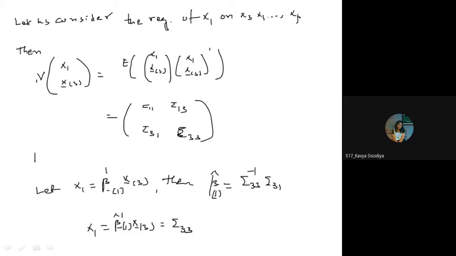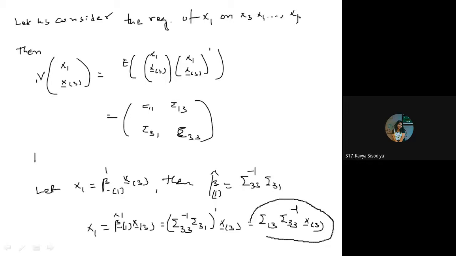So I can write the transpose of sigma 33 inverse sigma 31 times x3. Taking the transpose, sigma 31 transpose is sigma 13, and sigma 33 inverse stays the same because it is symmetric. So the regression line of x1 on x3 is given by sigma 13 sigma 33 inverse x3.